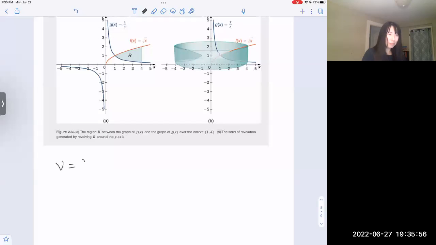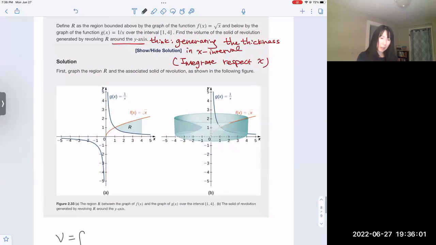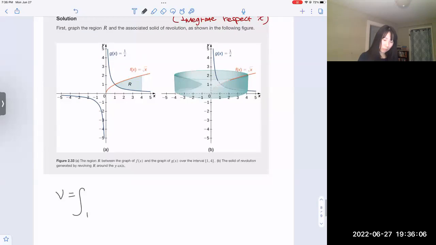So we have a volume from 1 to 4, they give us 2 pi r, which is x in this case. Now, normally we have only one function, but then we have two functions. So we do f of x, which in this case is top minus bottom.